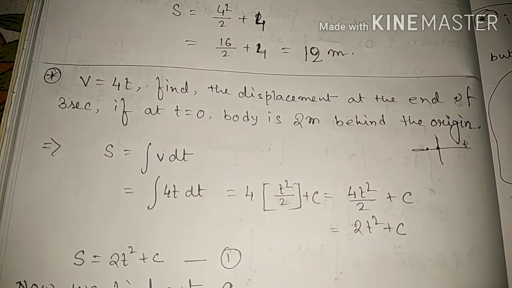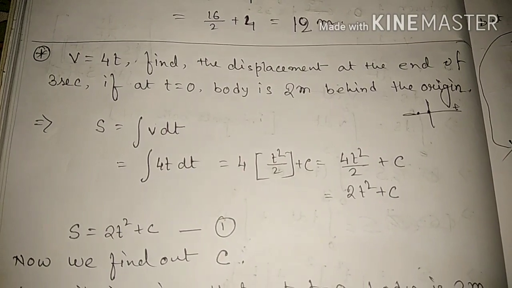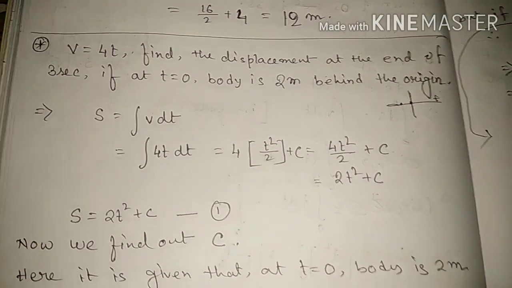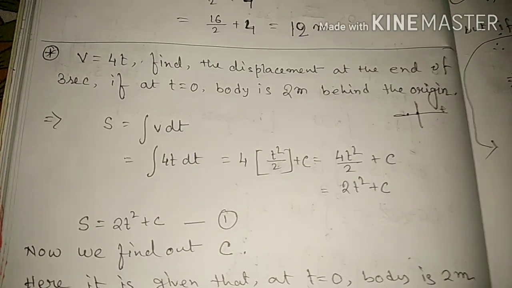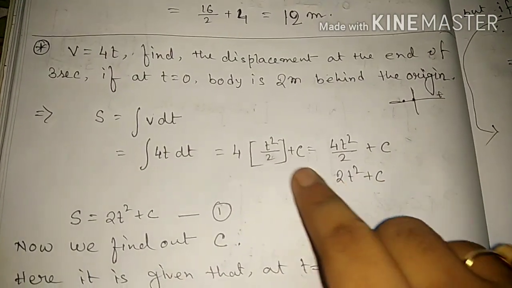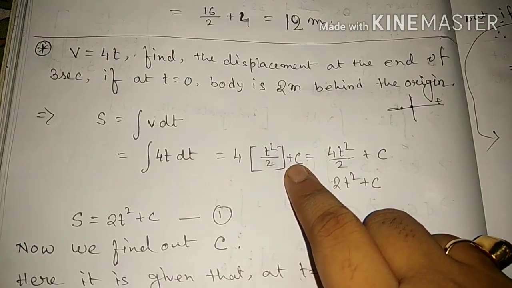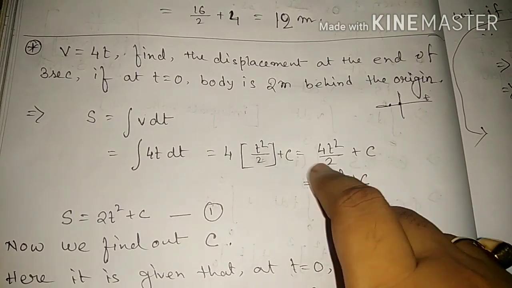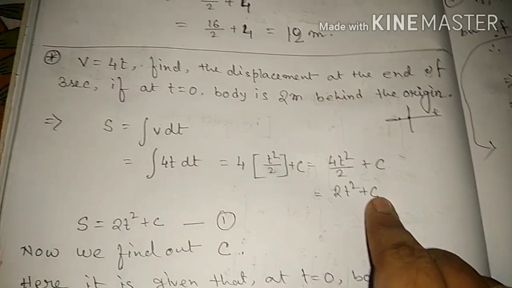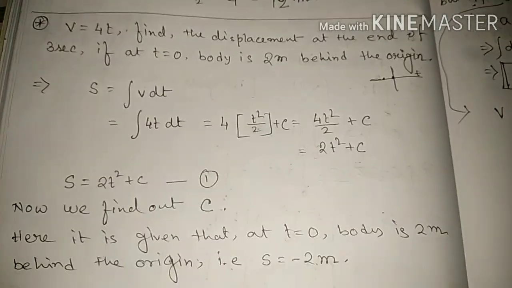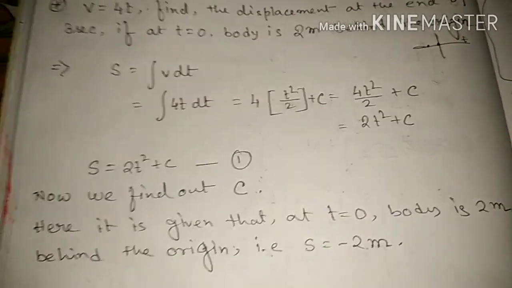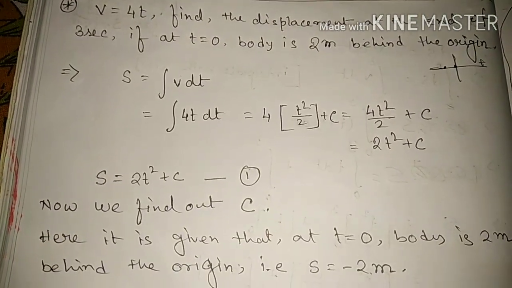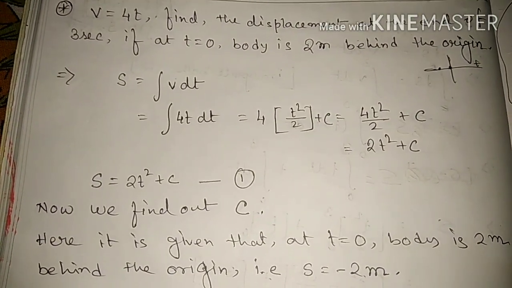We find the displacement at the end of 3 seconds. No range, no limit is given, that's why this is an indefinite integration. For indefinite integration, we use a constant term, plus c. So 4t square by 2 plus c, that is 2t square plus c. So we get the equation of displacement. We get the equation, not the value. Clear? The equation of displacement.